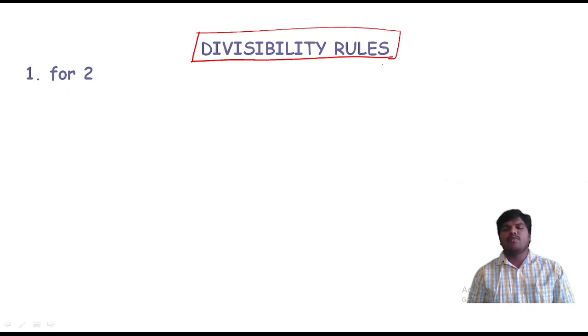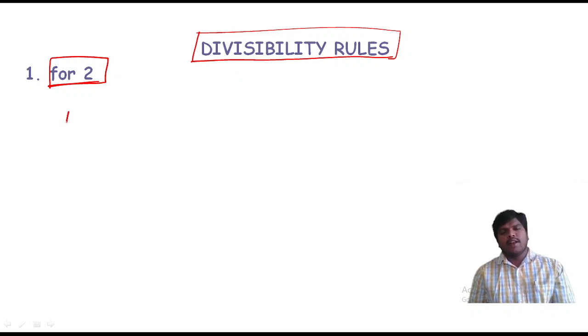If we go for the traditional method, that is very time consuming. If we use some techniques, it becomes very easy. So let us take the divisibility rule for 2. It means which numbers are divided by 2 and which numbers are not.